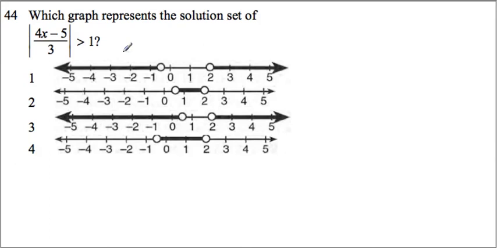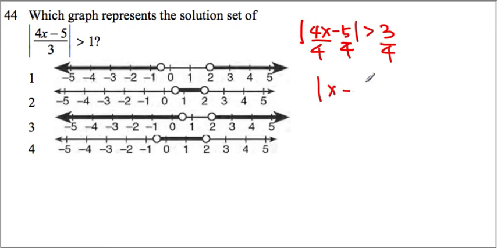All right, let's look at number 44. Same way as before. First, we can multiply by 3 on each side. Then we'll end up getting 4x minus 5 is greater than 3. To have the x by itself, we're going to divide by 4. Then we'll end up getting absolute value of x minus 5 over 4, which is greater than 3 over 4.